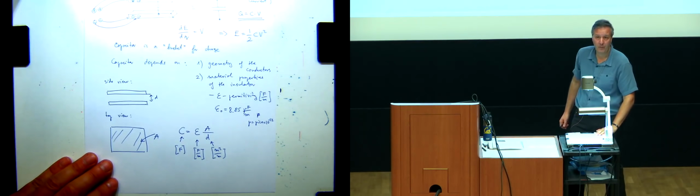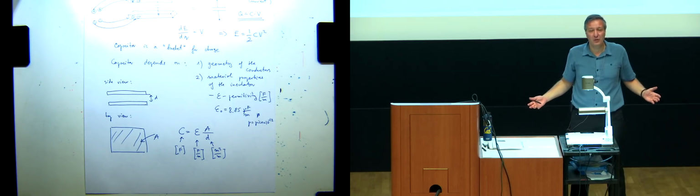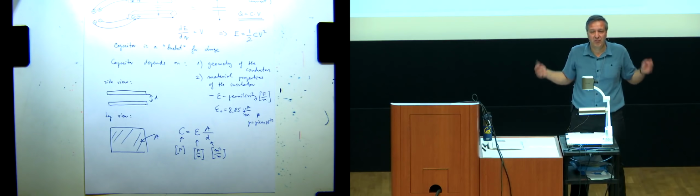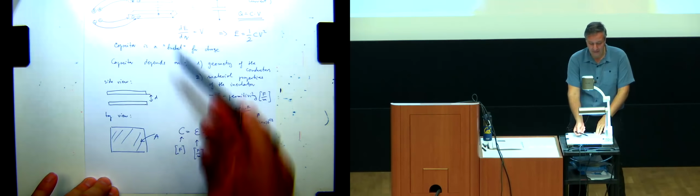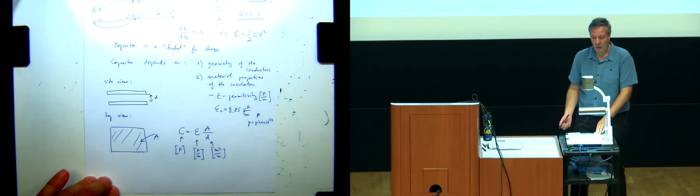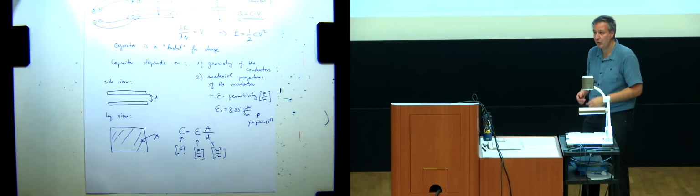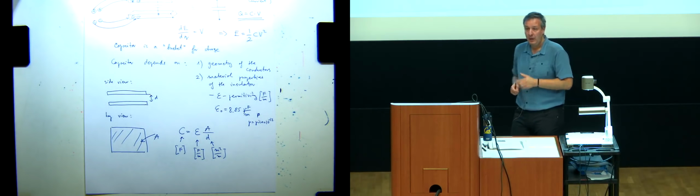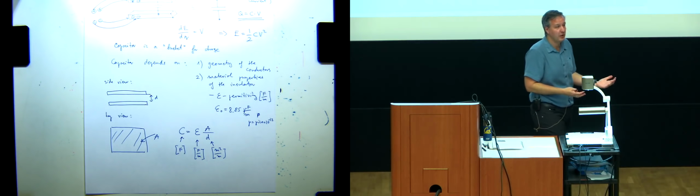Okay? This is pretty much all you need to know about capacitor physics. We'll only be doing parallel plate capacitors. And so this is a parallel plate capacitor formula. And here's where the material plays a role. In everything else, we just use our circuit models.